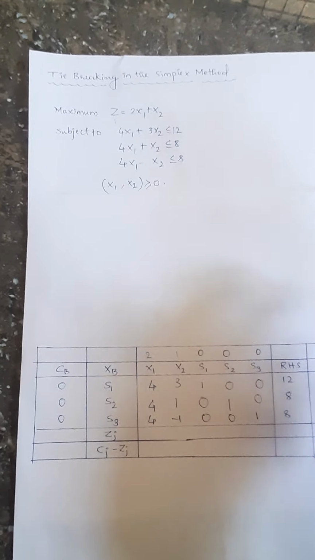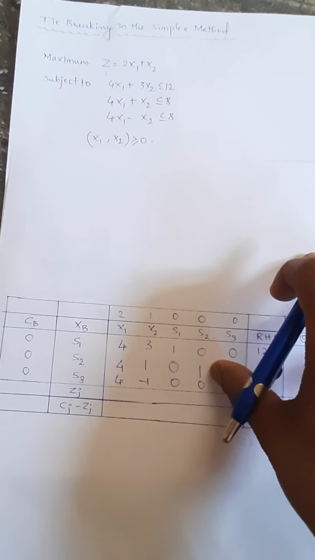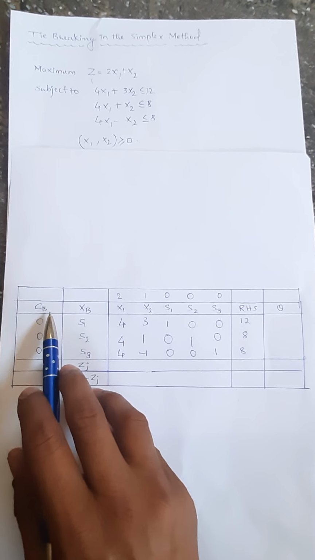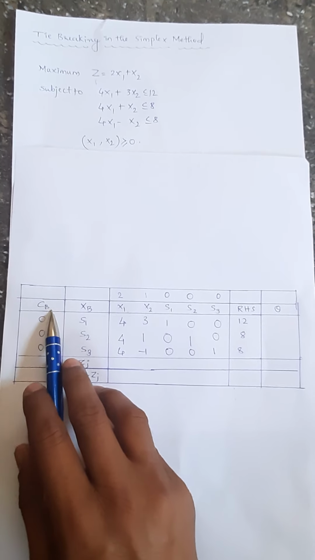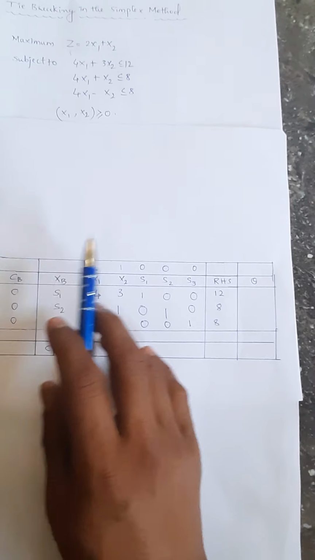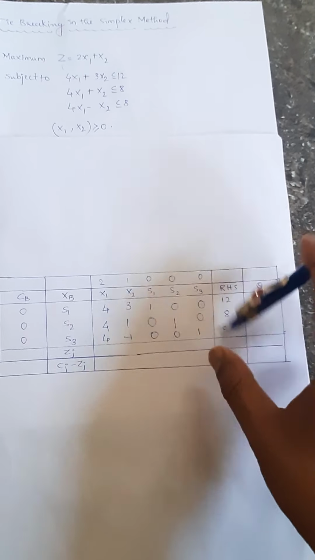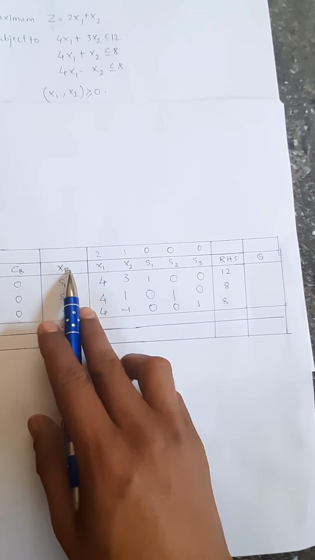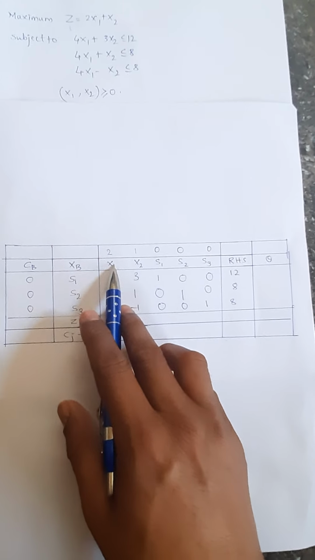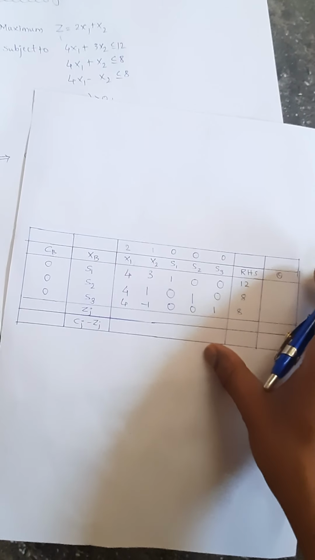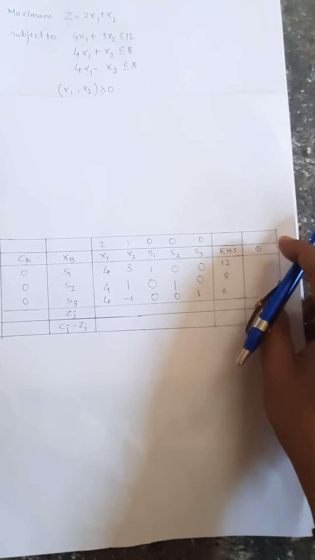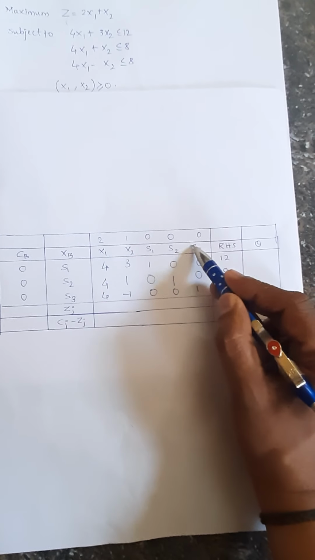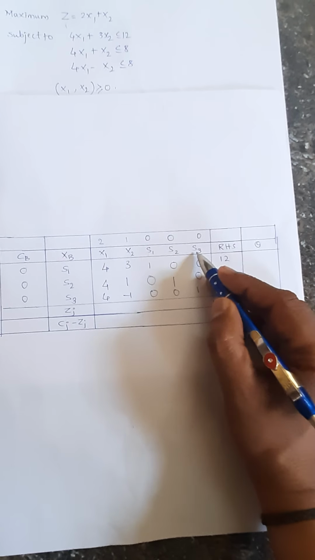So here you have created the table and mentioned CB. These are the coefficients of the basic variables in the objective function. XB is the basis, the basic variables. x1, x2, s1, s2 and s3, these are the 5 variables in our objective function and constraints.